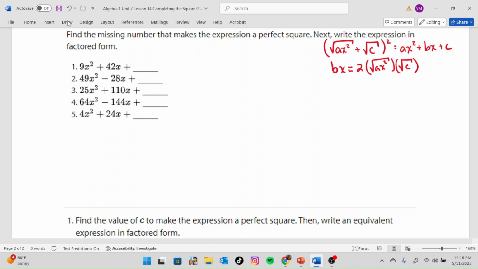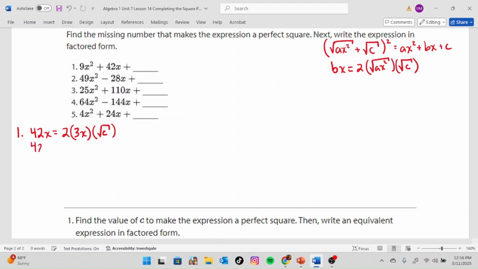So what we can do is we can fill in what we know. For number 1, we know bx, that's going to be 42x, is going to equal 2 times the square root of 9x squared. Well, that's going to be 3x. And what we don't know is the square root of c.